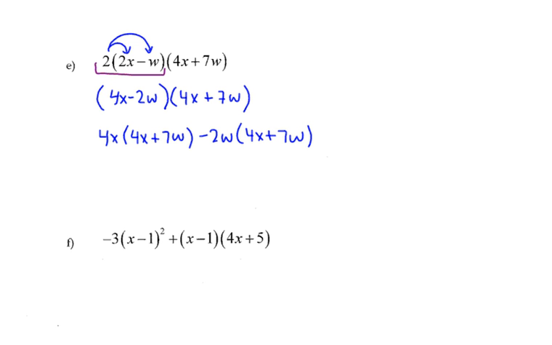Is everything okay? So get the 4x times all of that, and then the minus 2 times all of that.